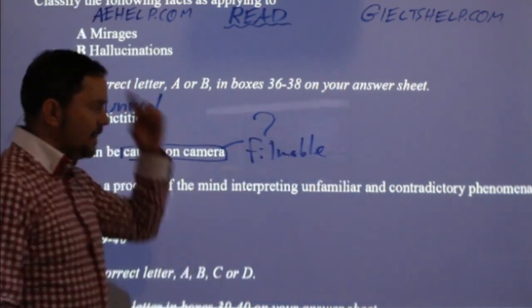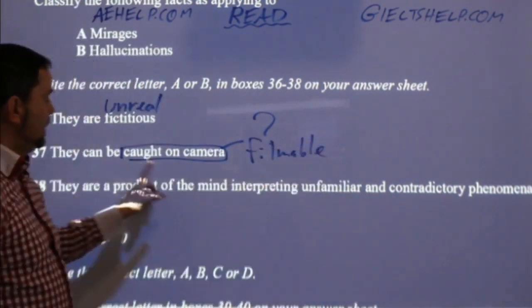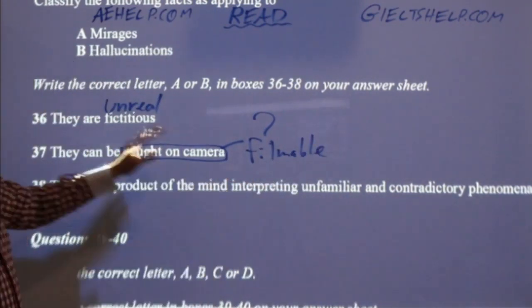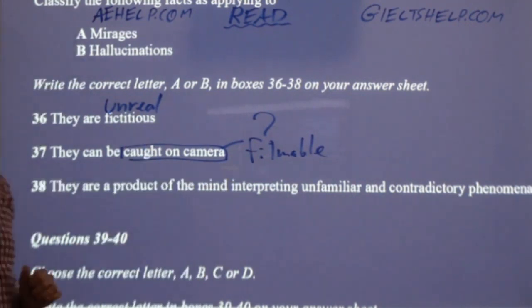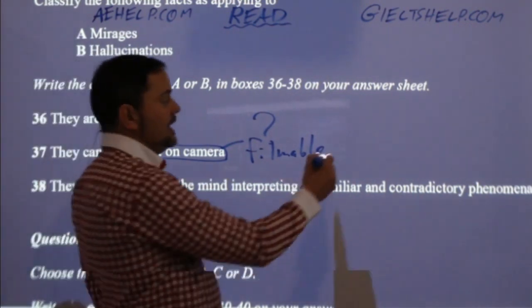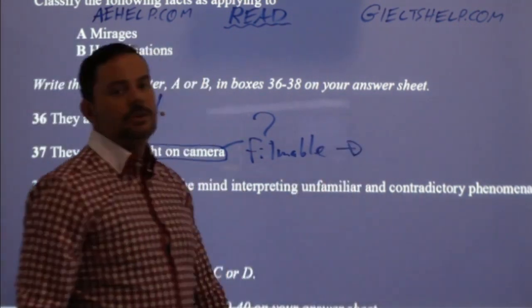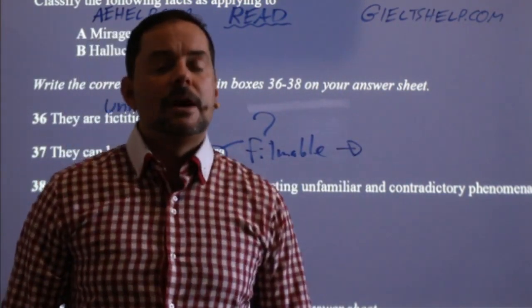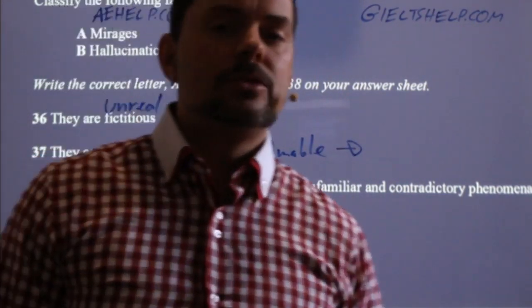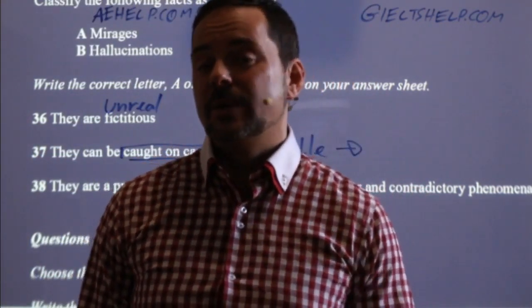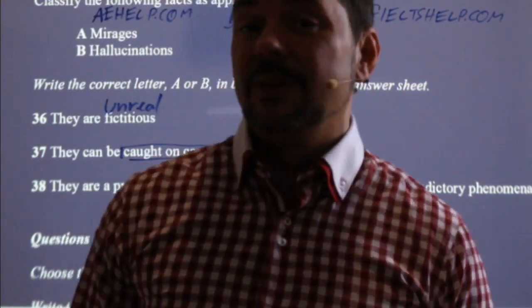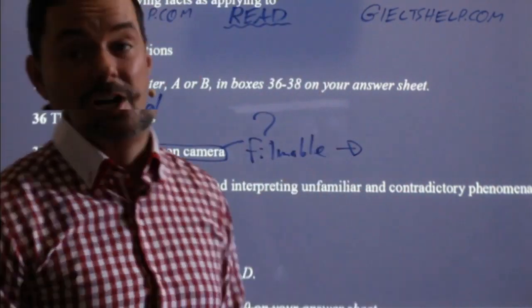So if I make this connection here, caught on camera and filmable, then which one do you think it is? Mirages or hallucinations? So here you can already guess the answer. And I'm going to let you in on a little secret. If you are really good critical thinking students, you can actually answer about 50% of the questions in the reading and in the listening without the information, just from the question logic.